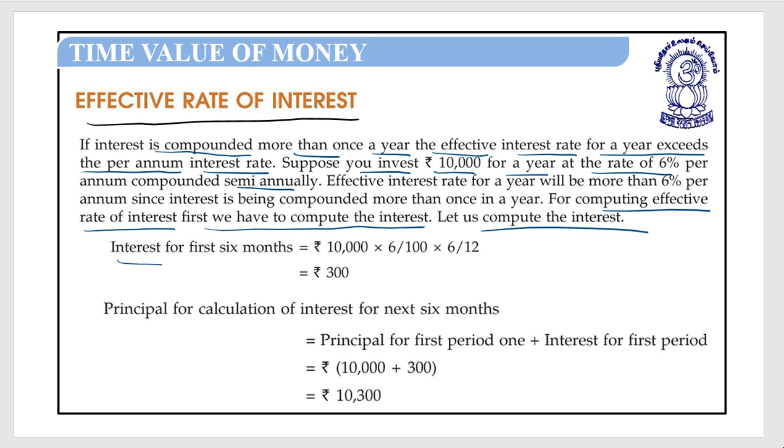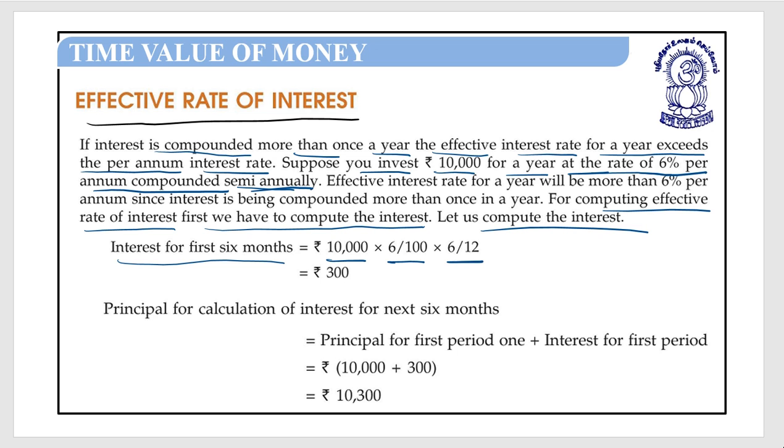Now interest for first 6 months. So principal is 10,000. Rate is 6%. So 6 by 100 multiply with 6 by 12, for a year at the rate of 6% per annum, compounded semi-annually.